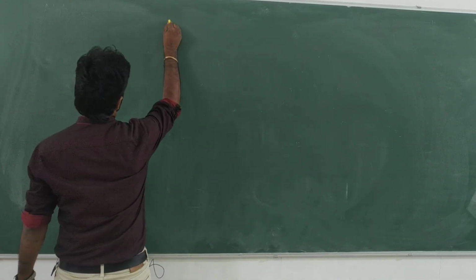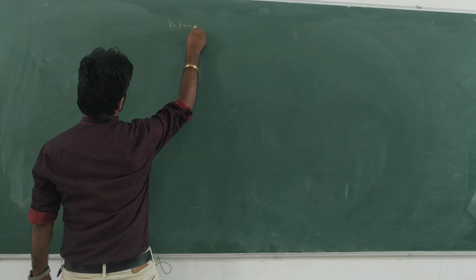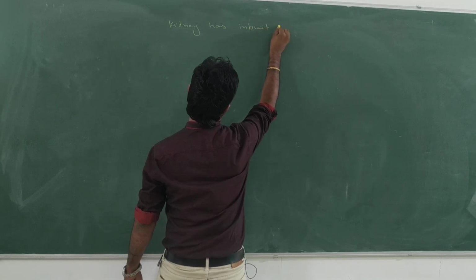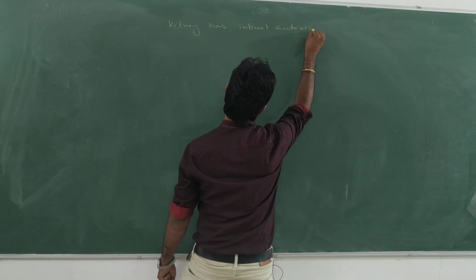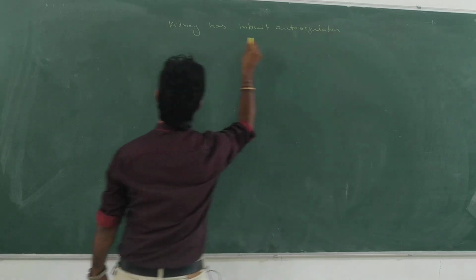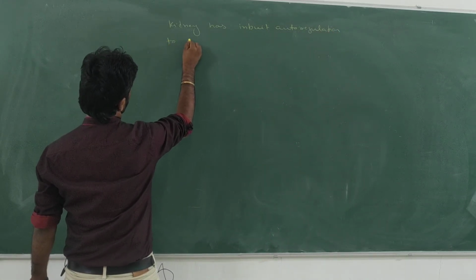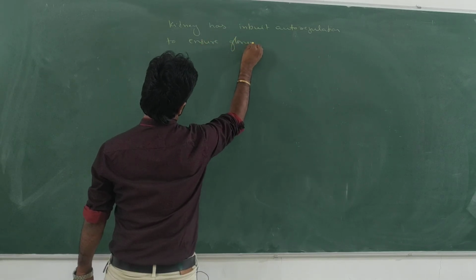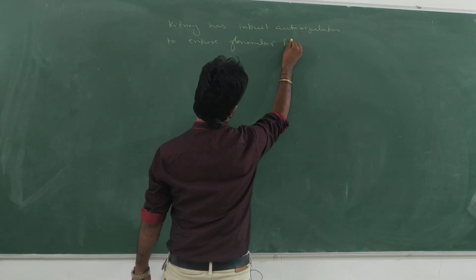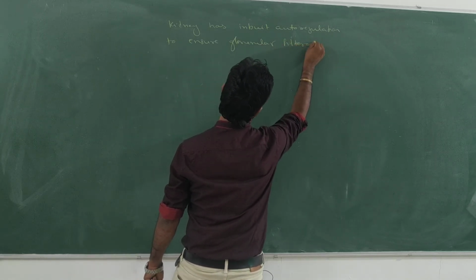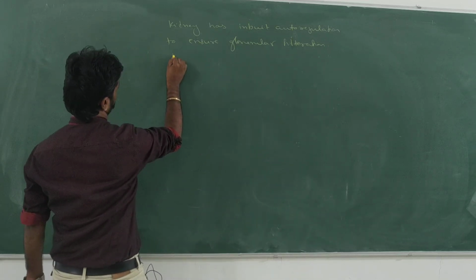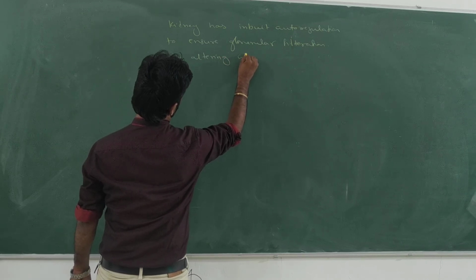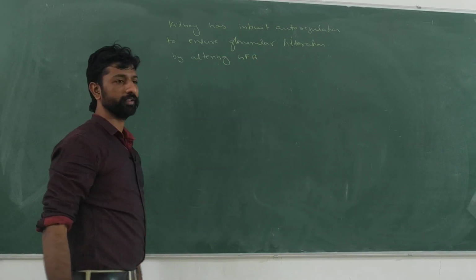So the kidney has inbuilt auto-regulation to ensure glomerular filtration by altering the GFR.